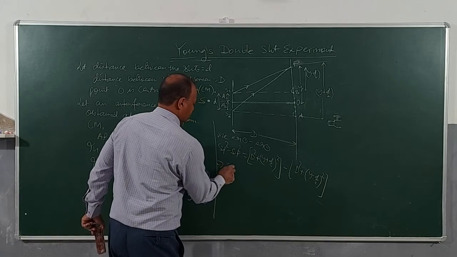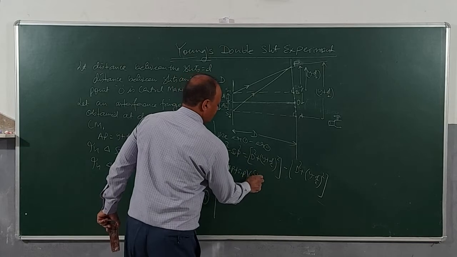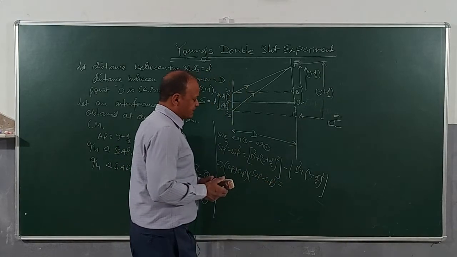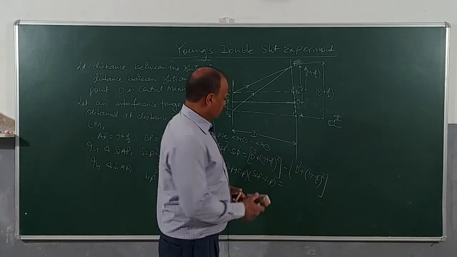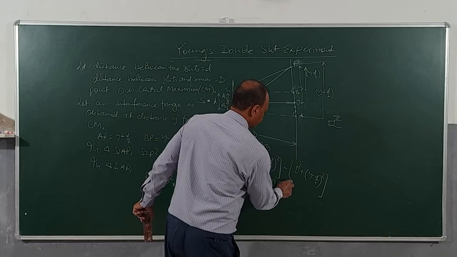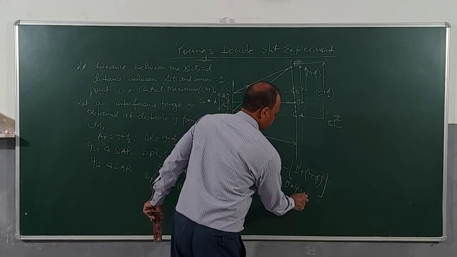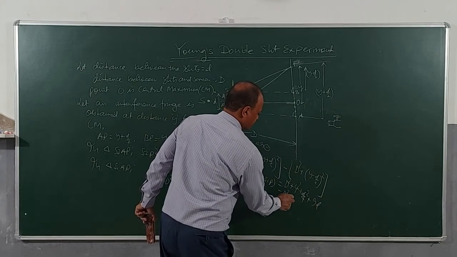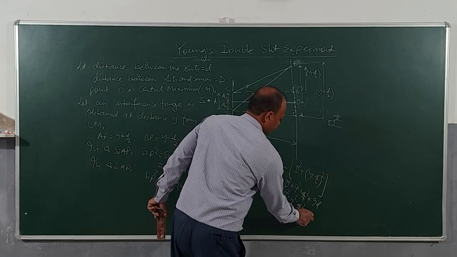So we can get S2P plus S1P into S2P minus S1P equals to, if you open the bracket, then d square will cancel out, plus d square by 4 plus yd minus d square minus y square minus d square by 4 plus yd.